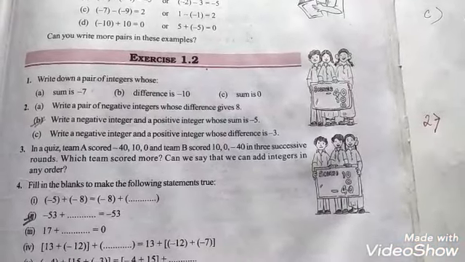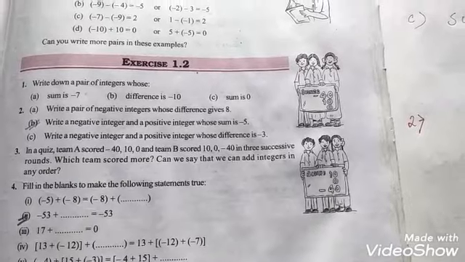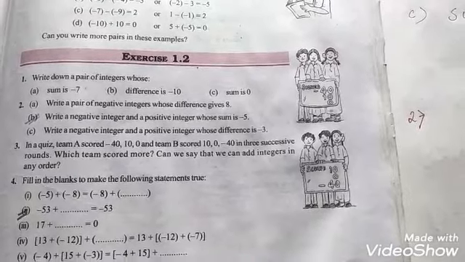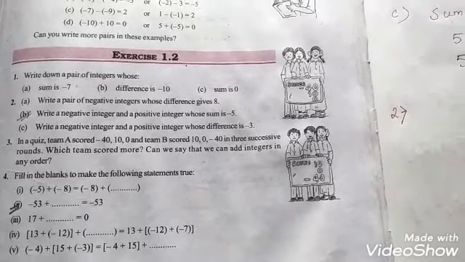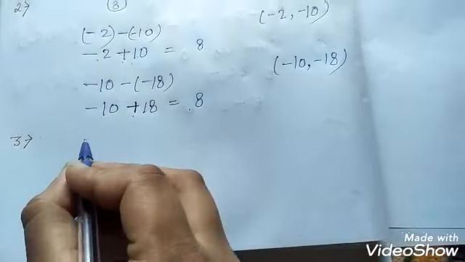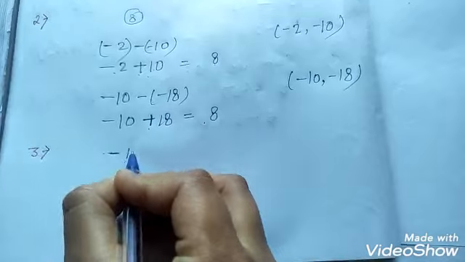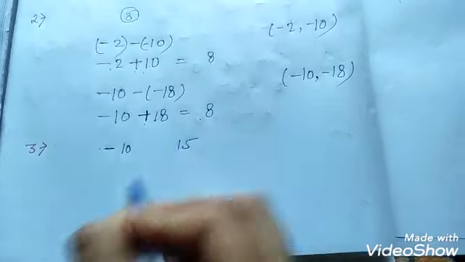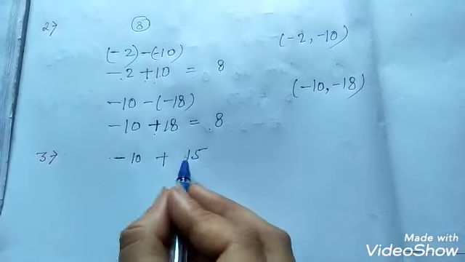Now second question, B part. Write a negative integer and a positive integer whose sum is minus 5. We take one negative integer and one positive integer and their sum is minus 5. So the examples are: if we take one negative integer and one positive integer and find their sum, plus minus.